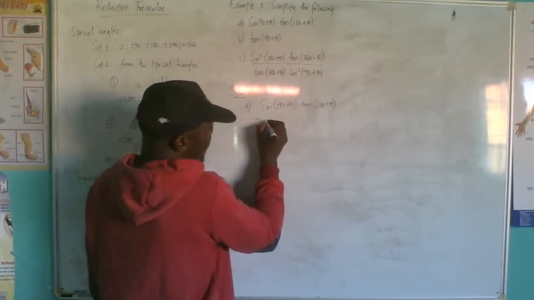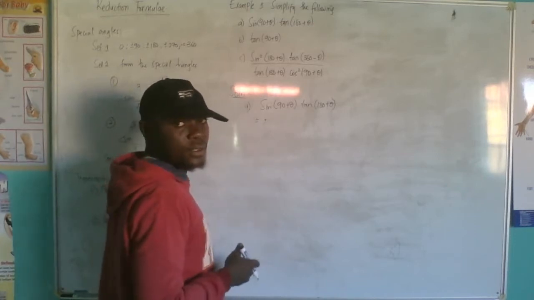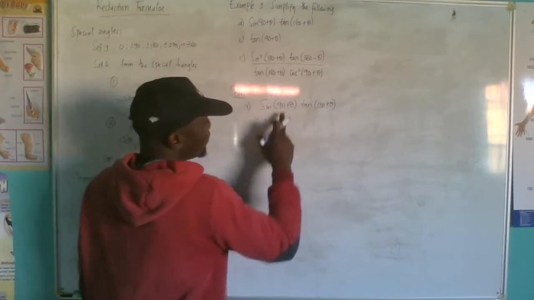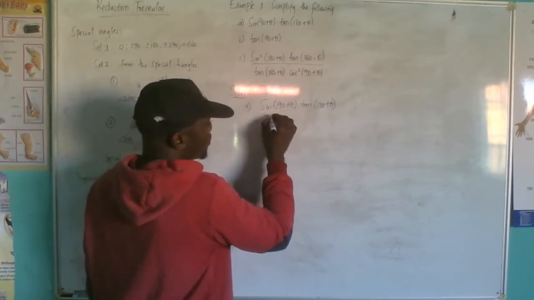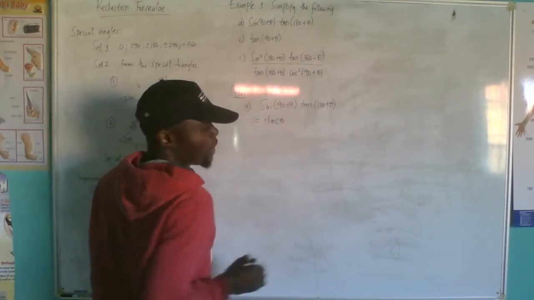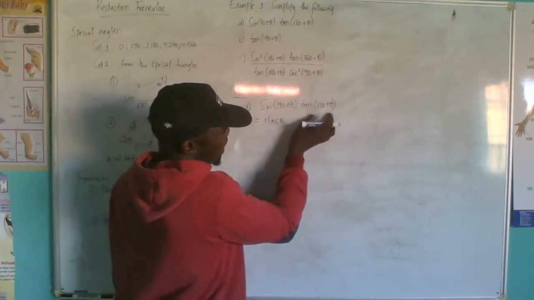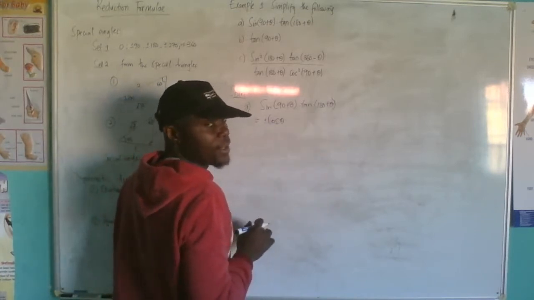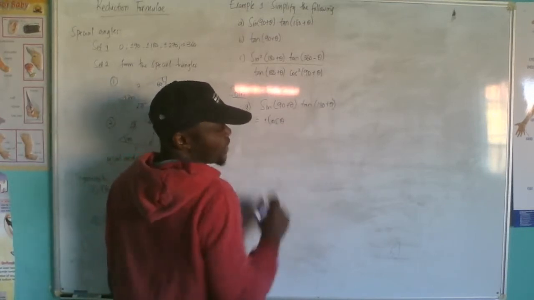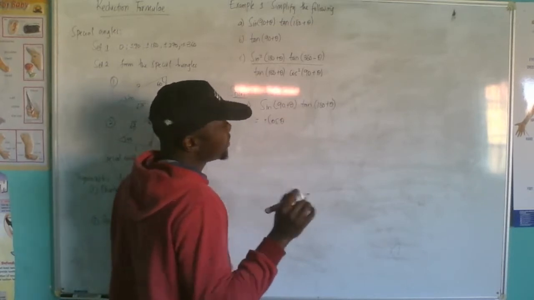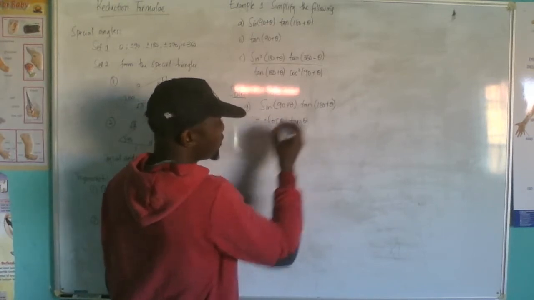But 90 is taken from the y-axis on the CAST diagram, therefore my sine will change to its co-function, which is cos, so that becomes cos theta, times tan of 180 plus theta. Now again, 180 plus theta is in the third quadrant, and in the third quadrant, tan is positive. And since 180 is taken from the x-axis, tan is maintained. So tan will remain tan, and that is tan theta.